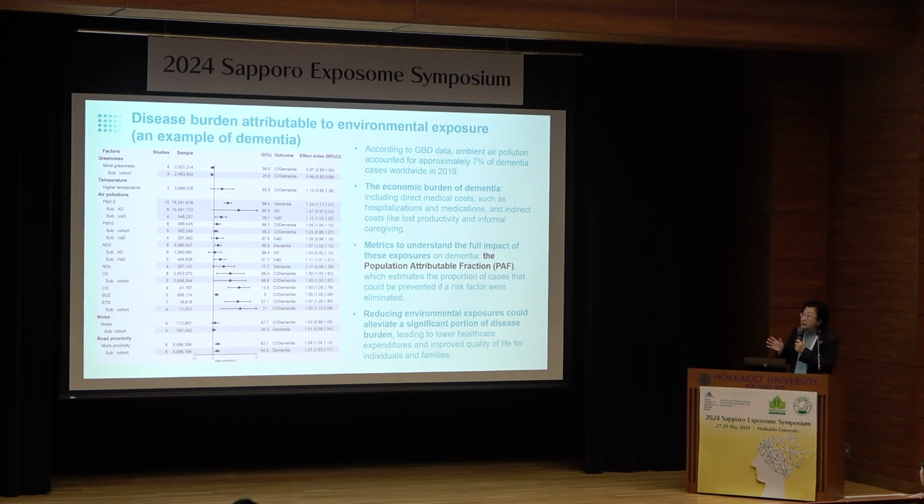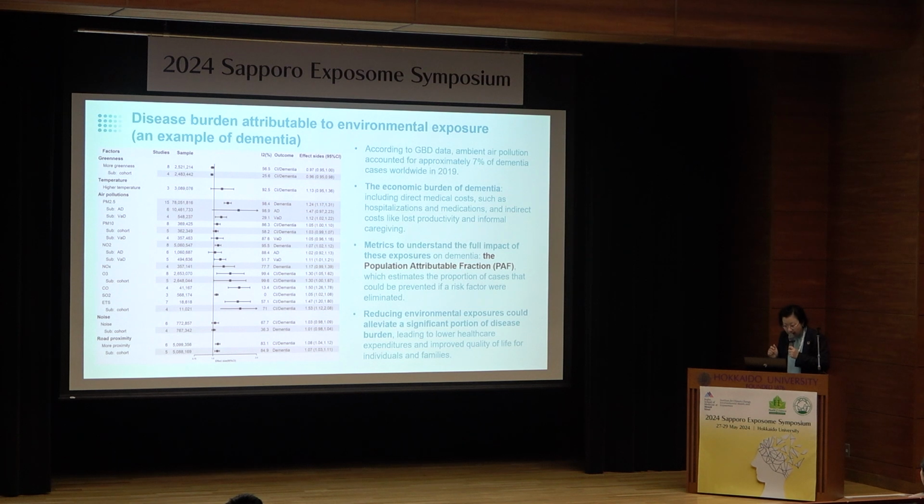By using the published results from systematic reviews, my team calculated the disease burden attributable to environmental exposures for dementia, using a metric to understand the full impact of these exposures on dementia, which is called the population attributable fraction, or PAF, which is the estimate of the proportion of cases that could be prevented if the exposure were eliminated.